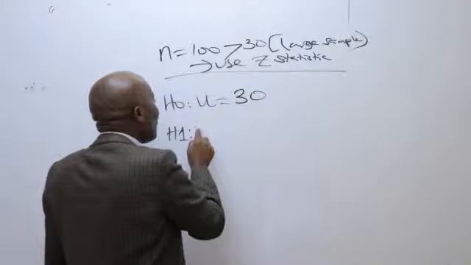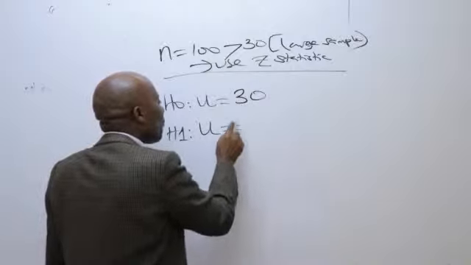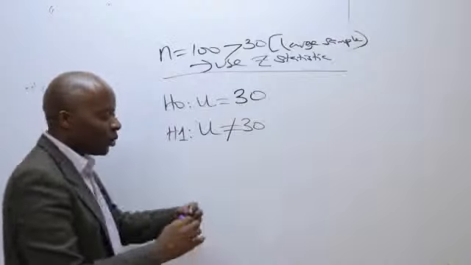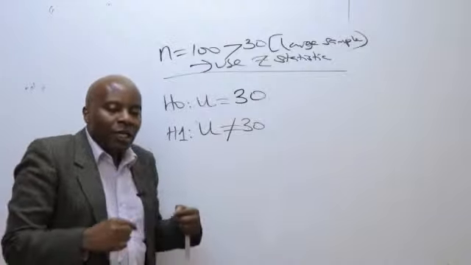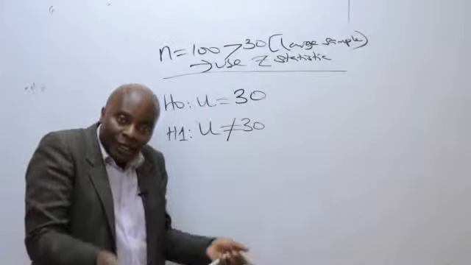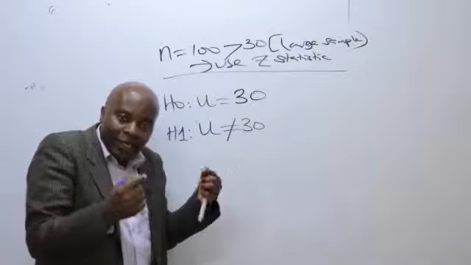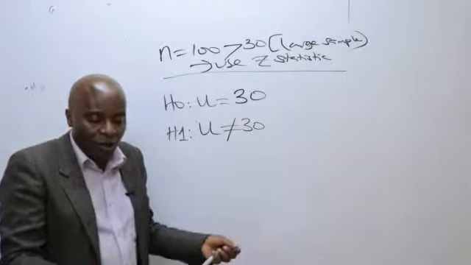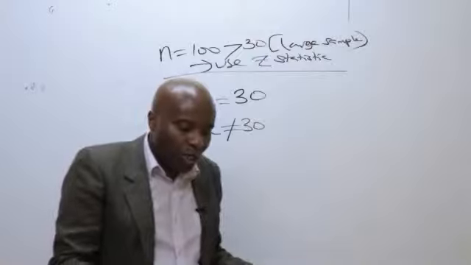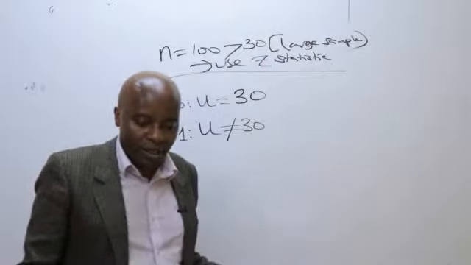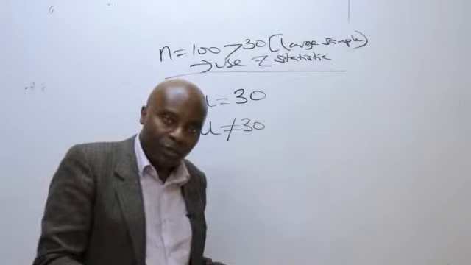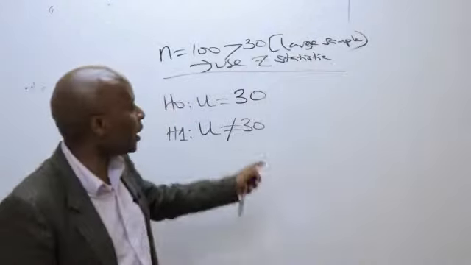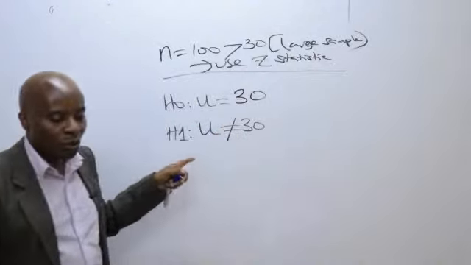So automatically here, if you are careful, you must have noticed that this examiner is not directional. He's not telling you that the mean should be more than 30, should be less than 30. He simply wants you to assess the reasonableness. It could be unreasonable for being very small. It could be unreasonable for being very big. So in this case here, we use not equal to 30.